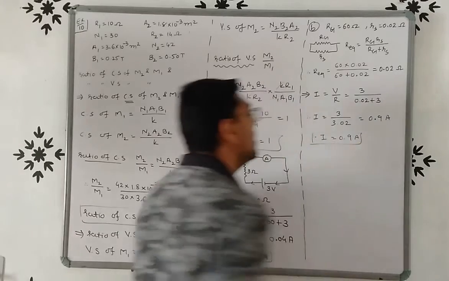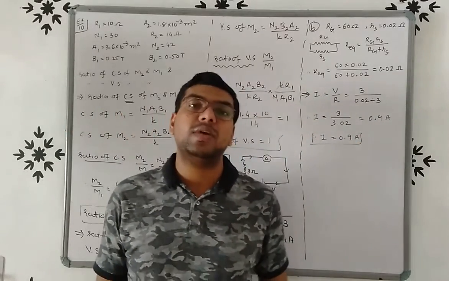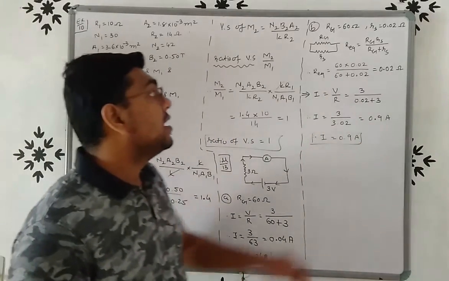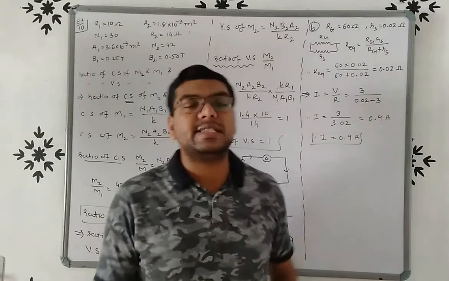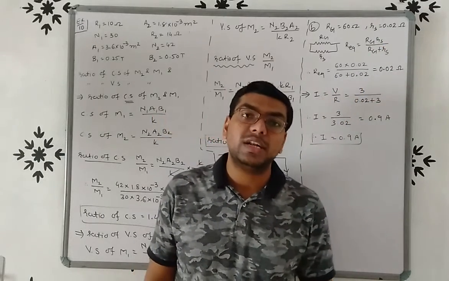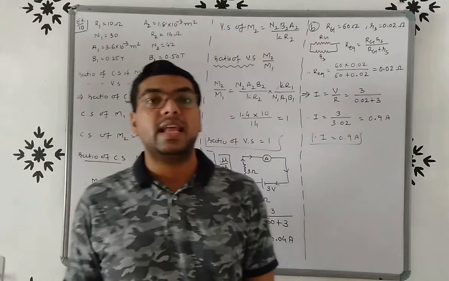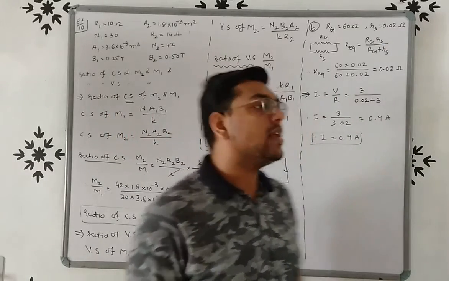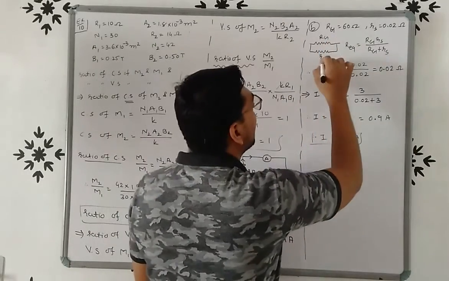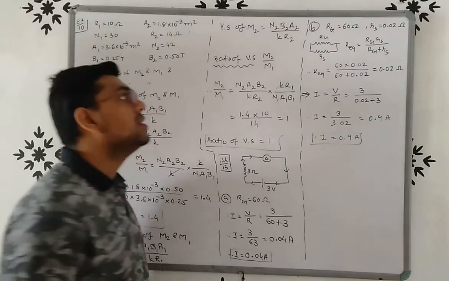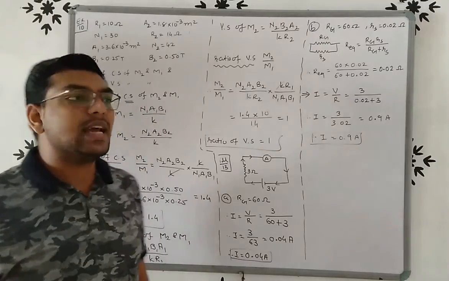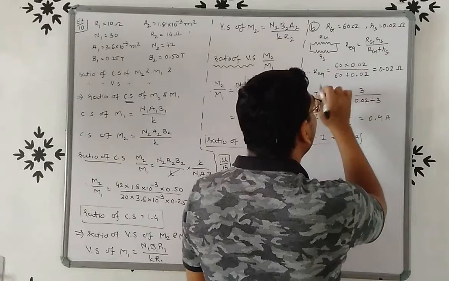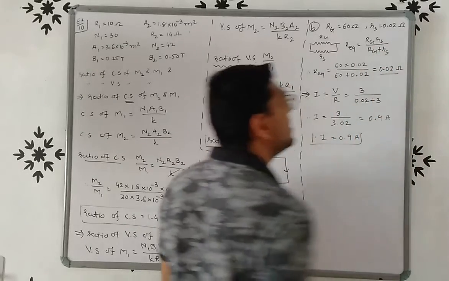Once again friends, we have to convert galvanometer into ammeter. So here, as per the statement, a shunt will be connected having resistance 0.02 ohm. So we already discussed in the last lecture, to convert galvanometer into ammeter, we connect shunt parallel to the circuit. So Rg and Rs are in parallel connection. So equivalent resistance of Rg and Rs, R equivalent is equal to Rg Rs upon Rg plus Rs. So we will get equivalent resistance 0.02 ohm.